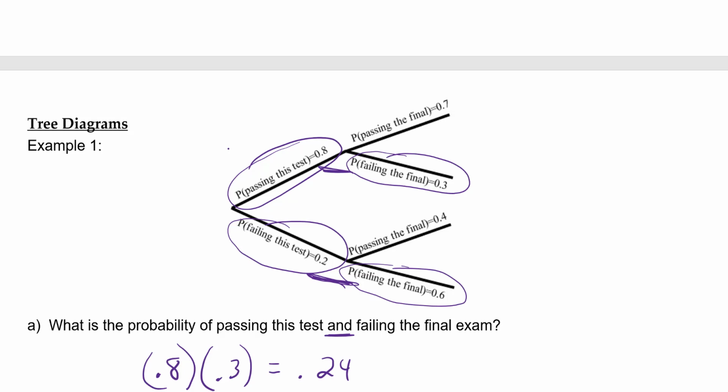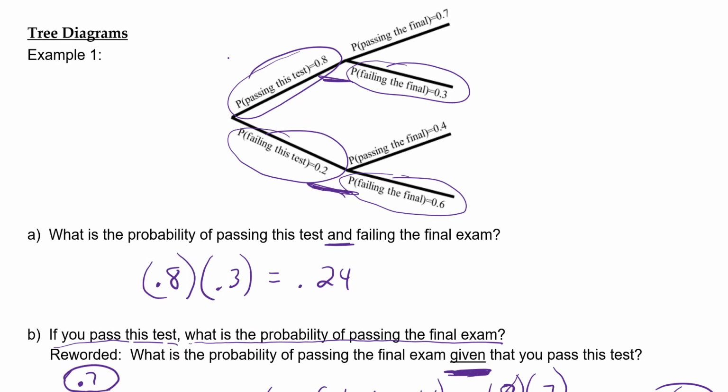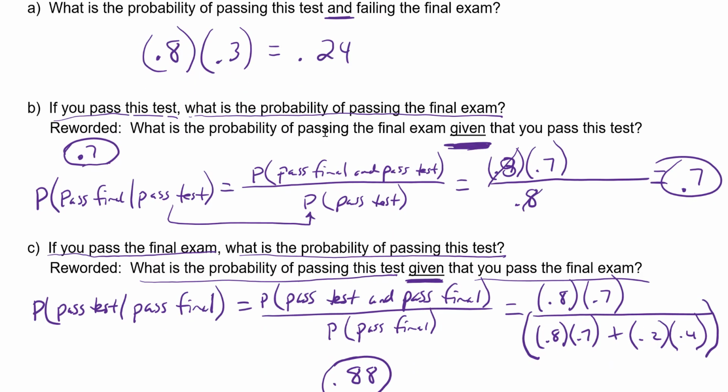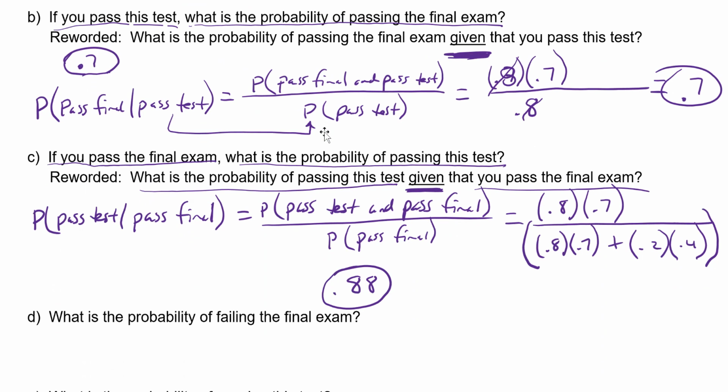And this is kind of what we did down here. It was kind of two scenarios. If I want to know the probability of passing the final, it's passing the test and passing the final, or failing the test and passing the final. One of the two scenarios. So anyway, the probability of failing the final is going to be, so let me just write a couple words here, okay?